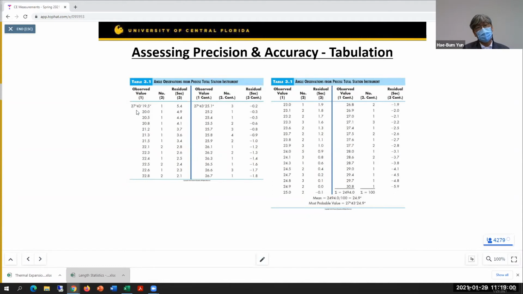So this is the angle. The second column is the number of observations. The first thing you can notice is that we summarize the numbers in this table from the smallest angle to the largest angle, right? So this is in order.